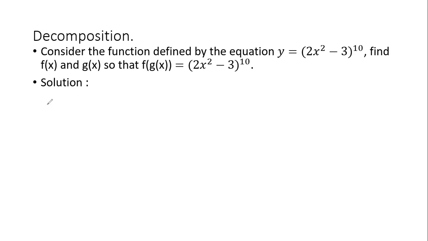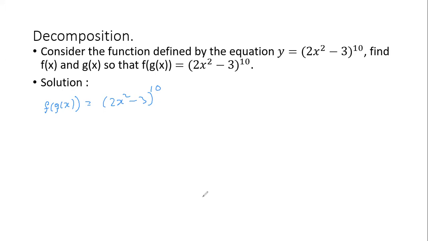Okay, f of g of x should be what? It should be (2x square minus 3) whole thing to the power 10. Right? Understand the question. Now, this question is from the book.